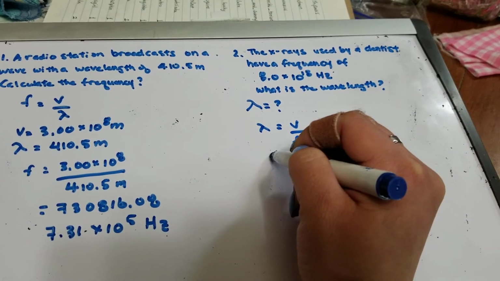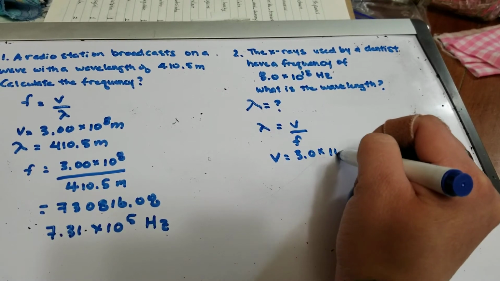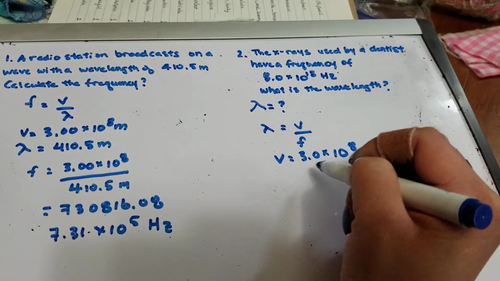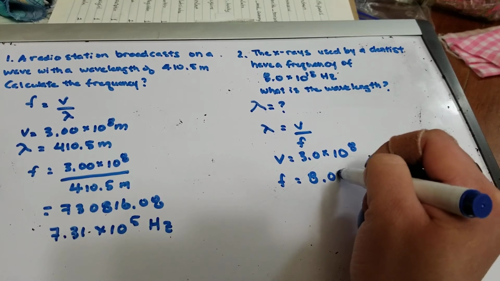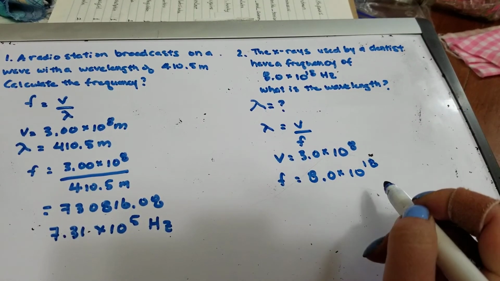Now we have our V, which is the speed of light, which is 3.0 times 10 to the 8. You have your frequency, which is 8.0 times 10 to the 18.